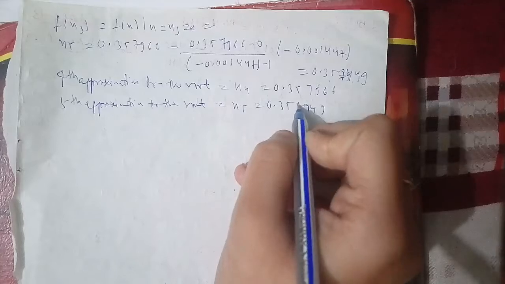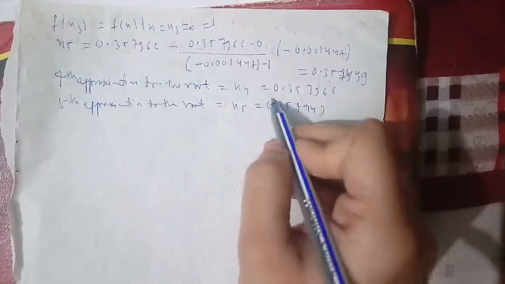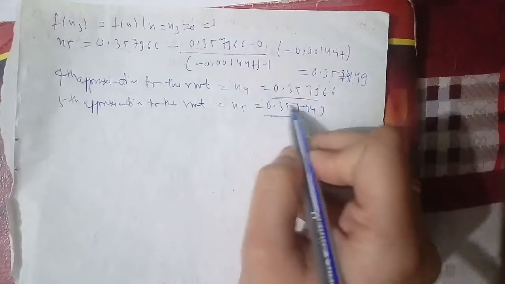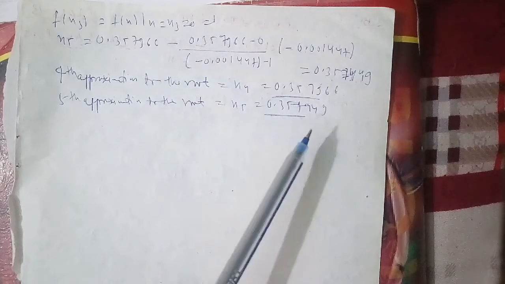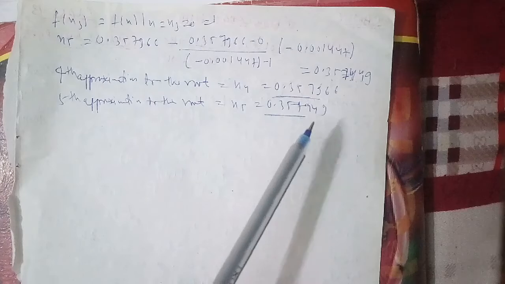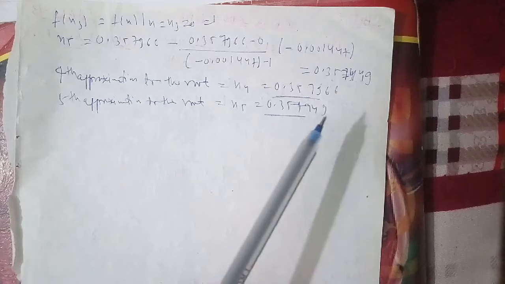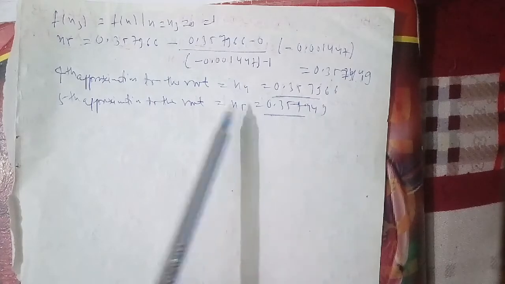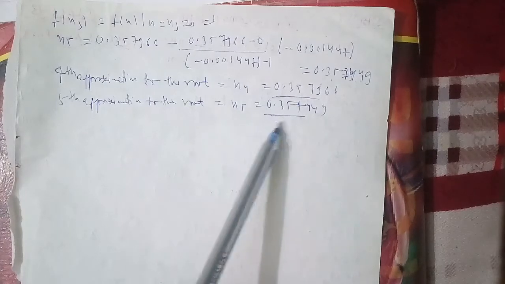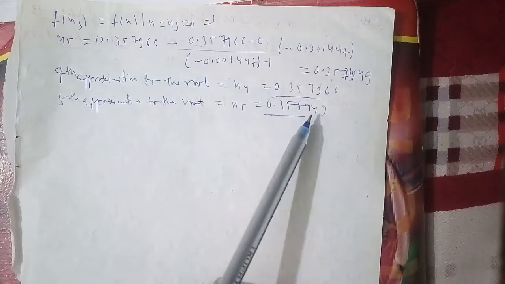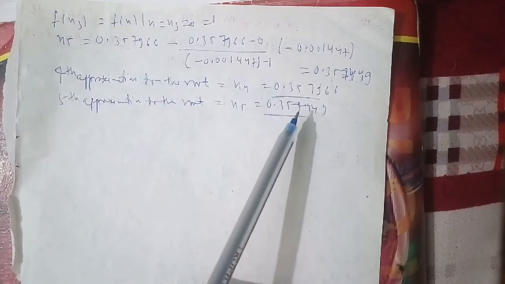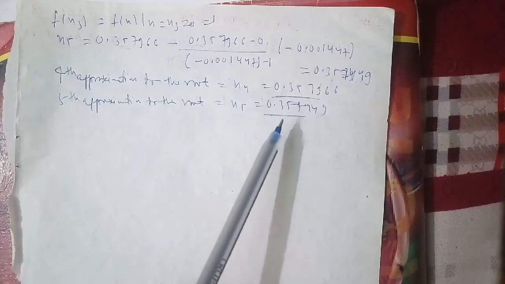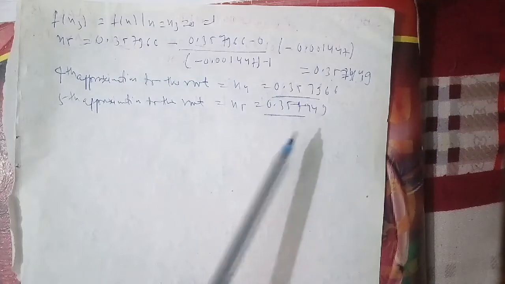So 0.357 is the same here, as you can see. Since 3 decimal digits repeat in the successive approximations, the approximation to the root is correct up to 3 decimal places, so we have the answer 0.357449, correct up to 3 decimal digits after the decimal point.